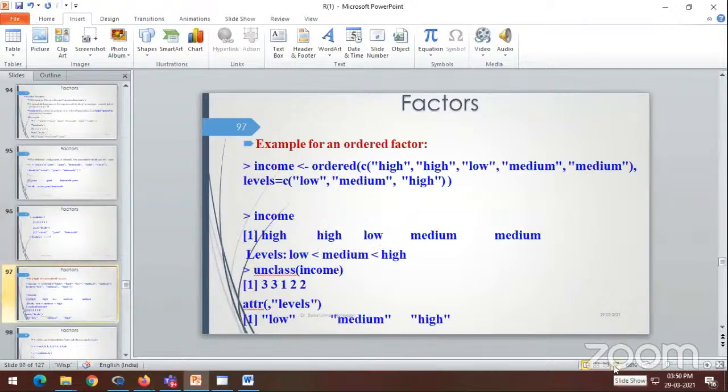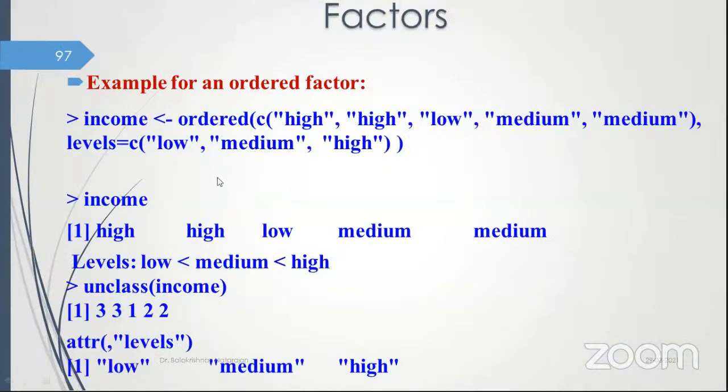And another example regarding factors. And this income, I'm going to make it. I'm using an ordered factor, in which the person's salary has been used. Those whose salary is beyond a particular value is high, those below is referred to as low, and medium might be referred to as not high, not low. That is referred to as medium.